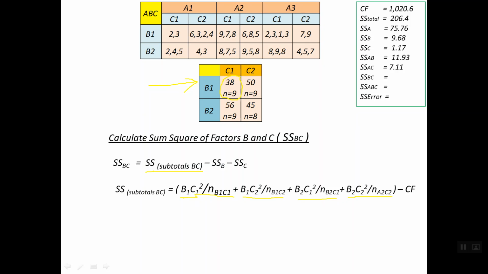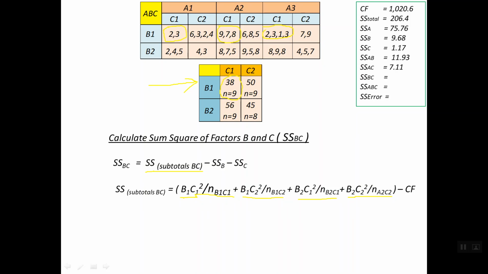From the main table, B1, C1 represents simply these two values plus these 3 values plus these 4 values. So the total for all of these observations is simply 38, and if you count the number of observations, you will find it to be 9.